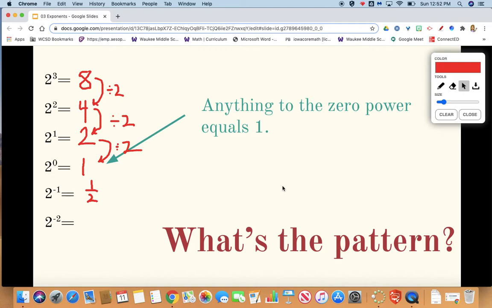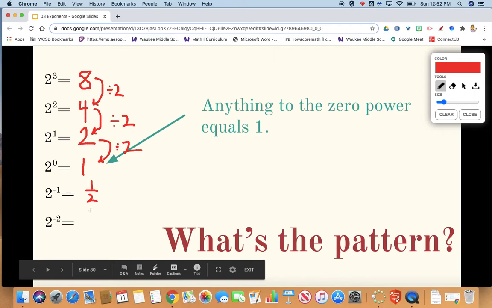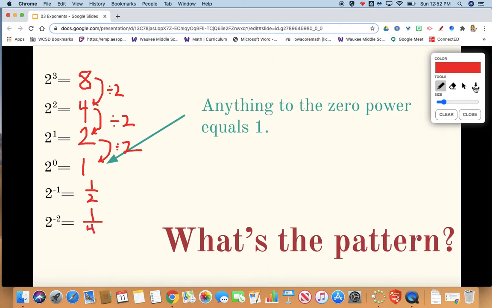If I divide 1/2 by 2, I end up with 1/4. And for 2 to the negative third, split 1/4 in half, I would end up at 1/8. As our exponent decreased by 1, our answers were cut in half.